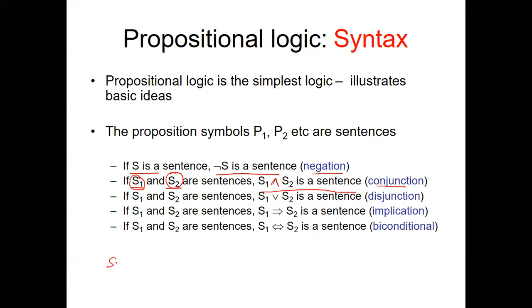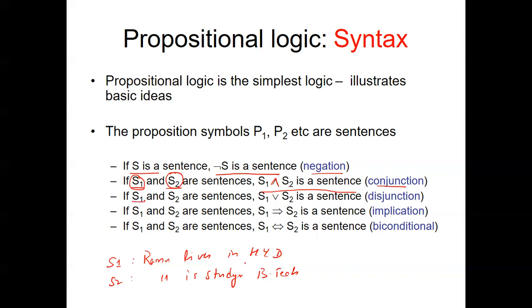For example, S1 says Ramu lives in Hyderabad. This is one sentence. Another sentence S2 says Ramu is studying BTech. Then S1 and S2 is also a sentence: Ramu lives in Hyderabad and Ramu is studying BTech.